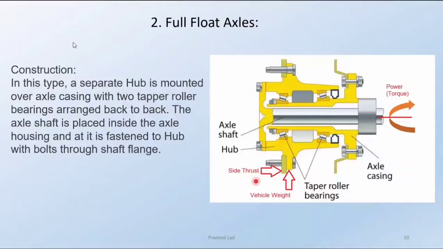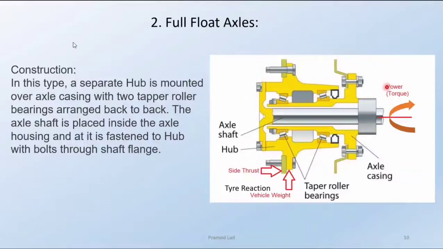Here, the side thrust is taken by the hub and thereby the bearings. Then vehicle weight is taken by the hub and thereby the bearings and ultimately the axle casing. And the power or torque transmission alone is performed by the axle shaft in this case.